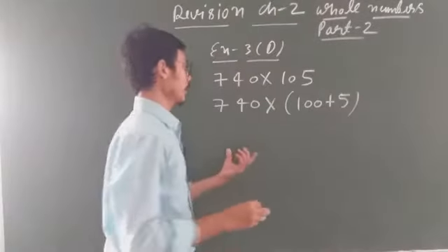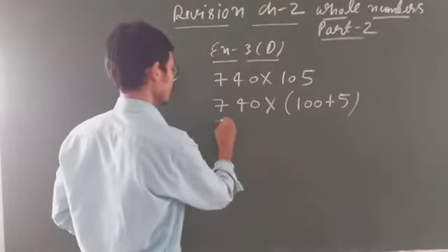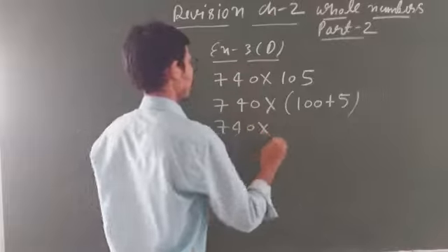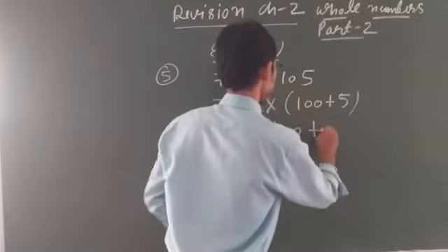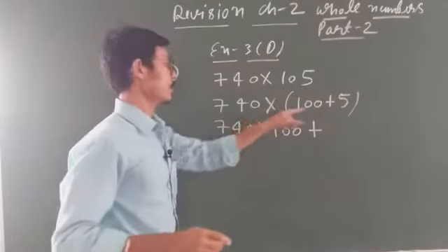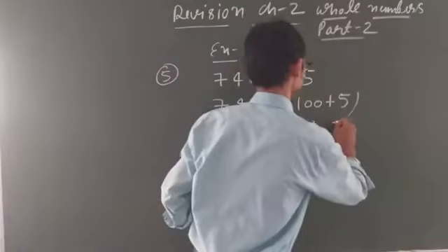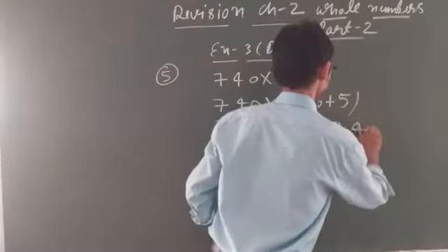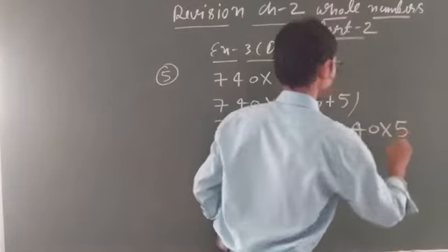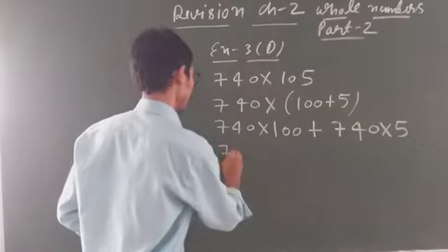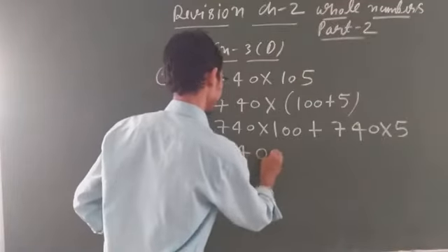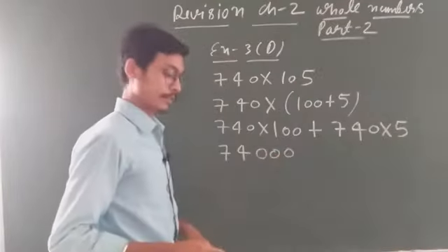Clear, student? Next it will become 740 multiplied first by 100, write down plus sign because plus is given, 740 multiplied by 5. Clear, student? Now it will become 74000. Clear, student?